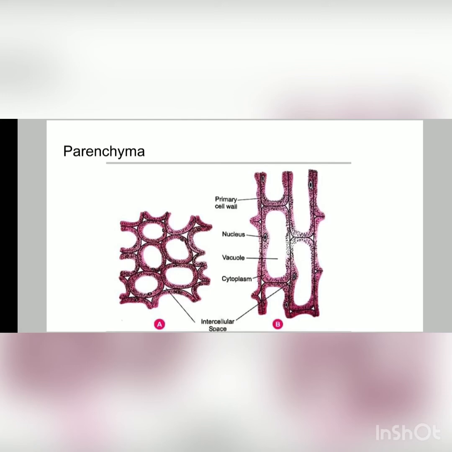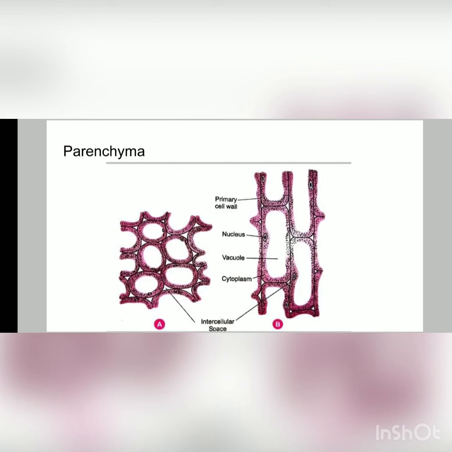A is showing transverse section, and transverse section is the section which is across the plant, and it is also called as cross section. And B shows longitudinal section, that is along the length of the plant.